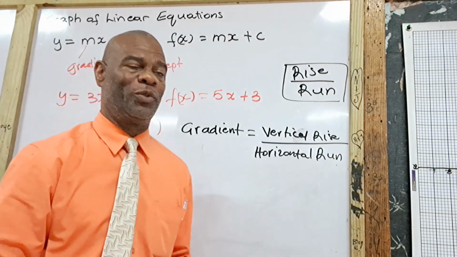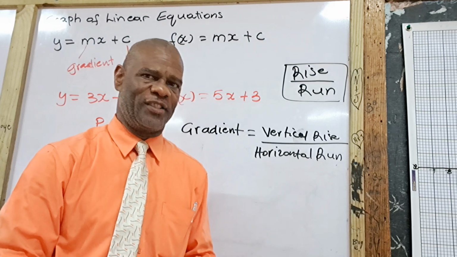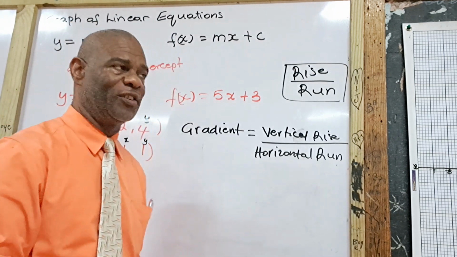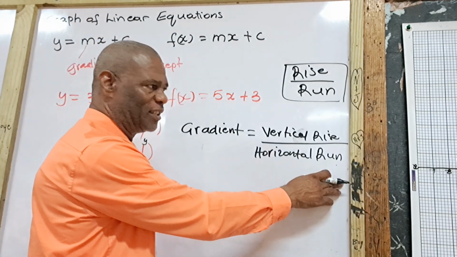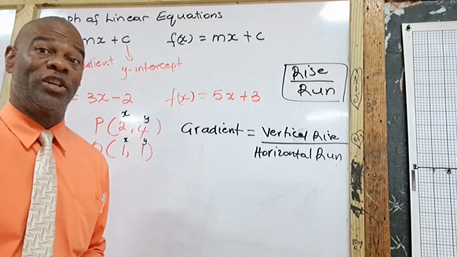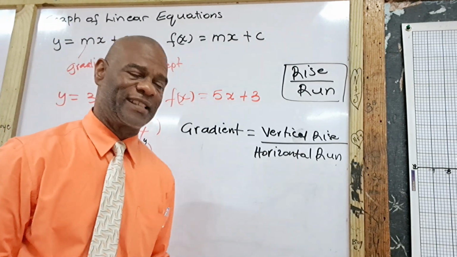The vertical axis would be the y-axis. So it means we are going to have the y coordinates over the coordinates on the horizontal axis. The horizontal axis would be the x-axis.